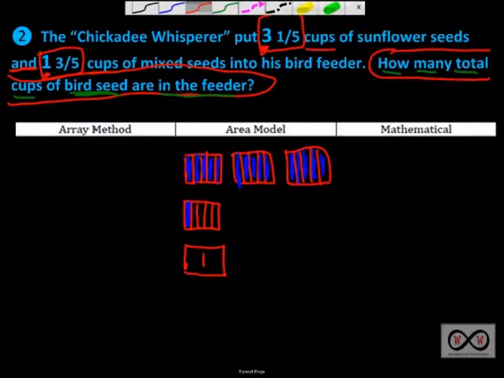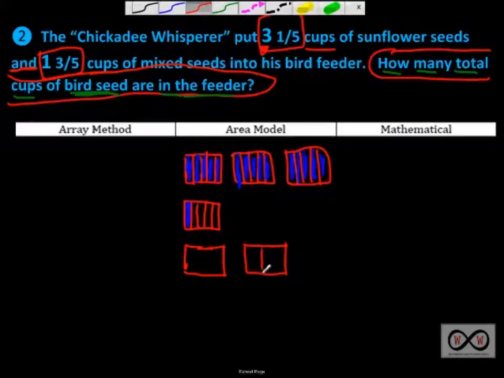And then 3/5 of another. I'll fix that in just a second. So we've got that one whole, and then 3/5 of another.